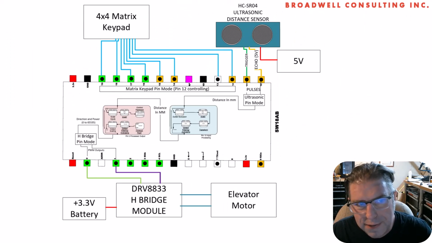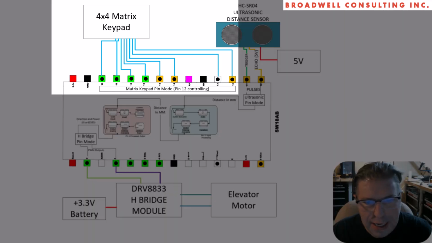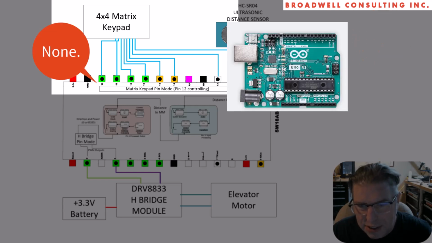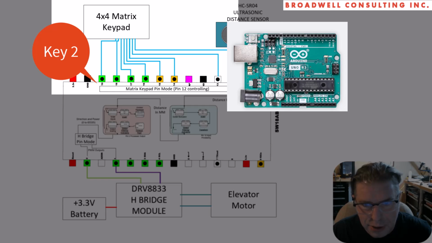Finally, our user interface was a 4x4 matrix keypad. We hooked that up to 8 pins on the Serial Wombat chip, and enabled matrix keypad mode in all of its default configurations. And this stored data that came in a queue until it was asked for either by the computer over UART or over I2C from the Arduino.